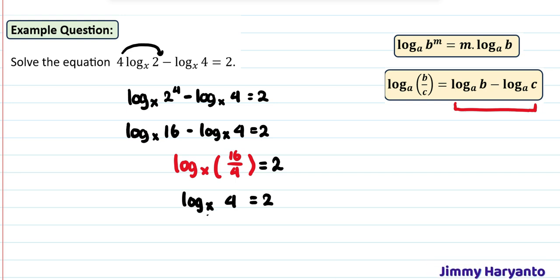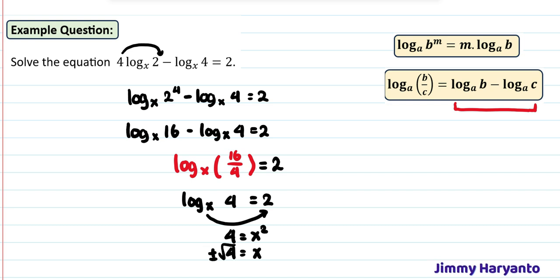And then to solve this, you'll use algebra to convert the logarithm into powers, x to the power of 2. That means x equals square root of 4. Don't forget the plus minus. That means x is equal to negative 2 or x equals 2.